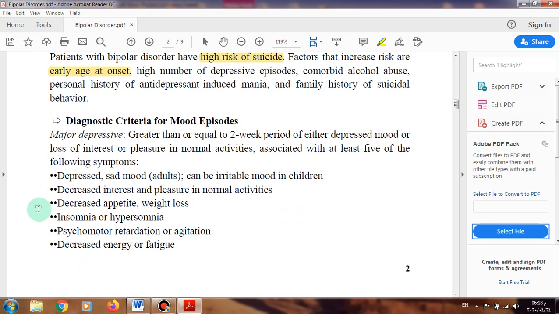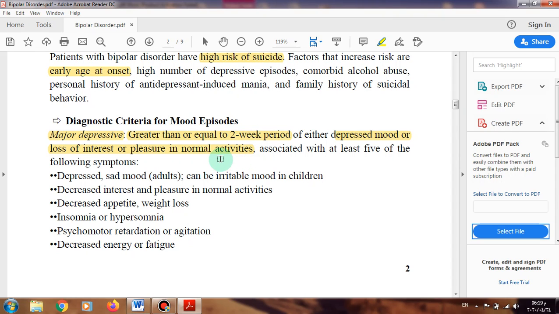Diagnostic features for the mood episodes, first with the major depressive episodes that we covered, require greater than or equal to 2 weeks period of at least 5 different symptoms. One of these symptoms is either depressed mood or loss of interest or pleasure in normal activities, in addition to other symptoms.